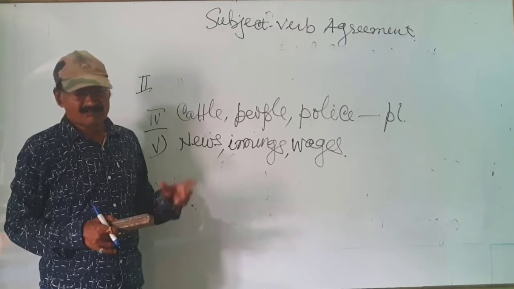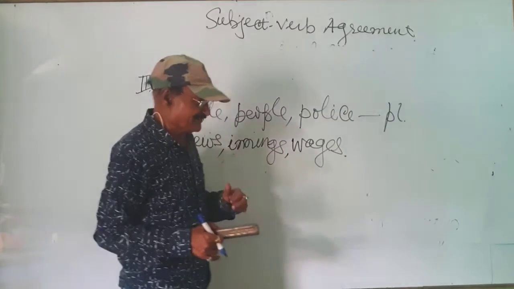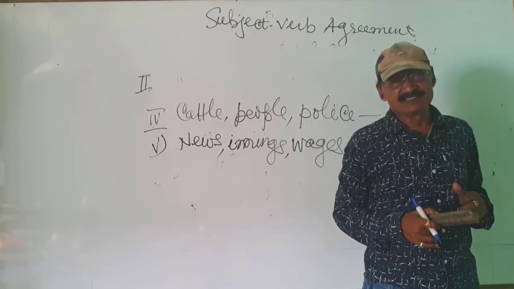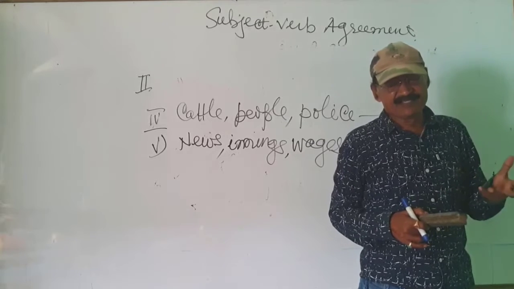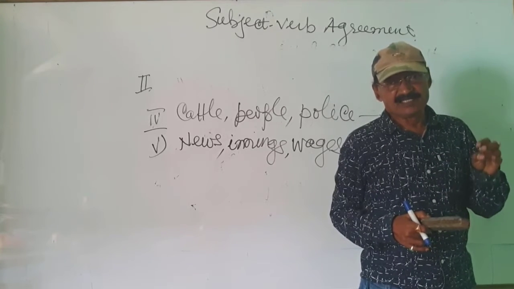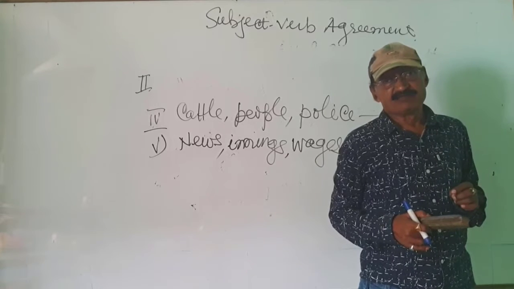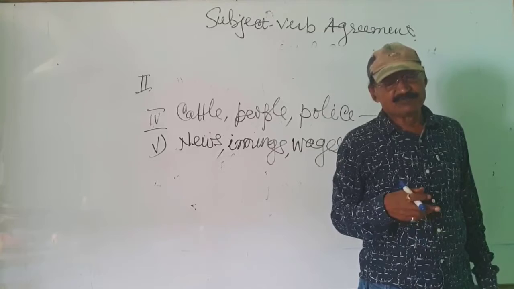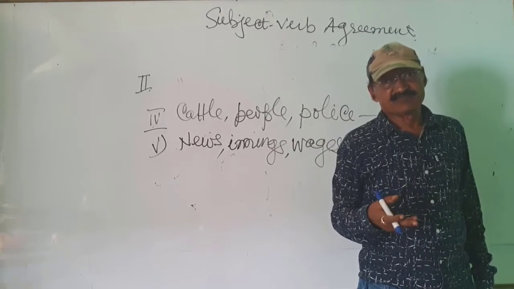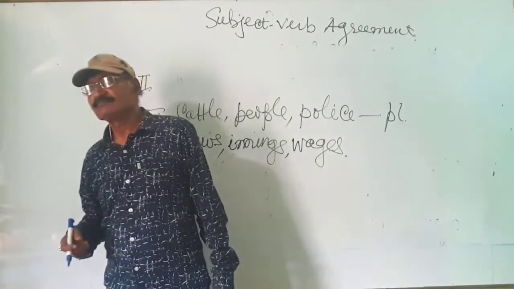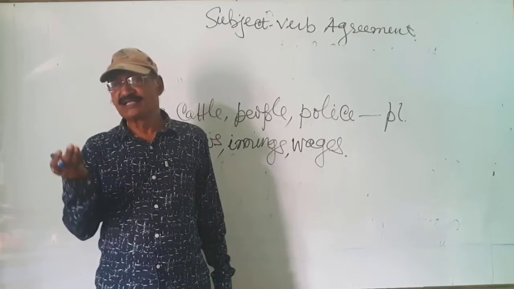The word innings, although it looks plural, we are still using in the singular. News, innings, wages. Wages of sin is death. W-A-G-E-S, wages of sin is death. So wages can be used in a singular way.